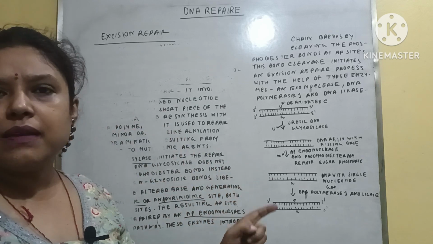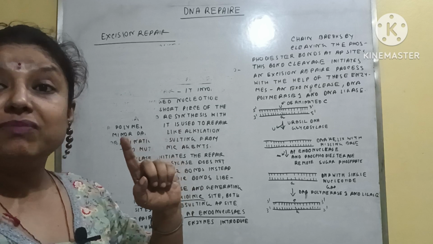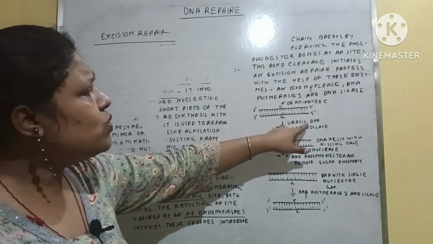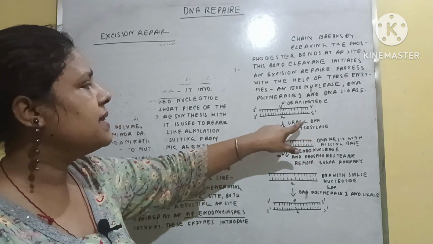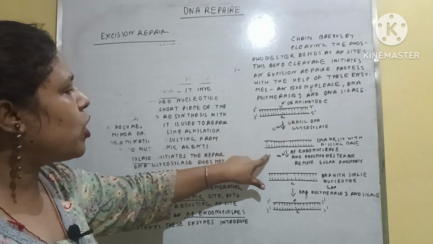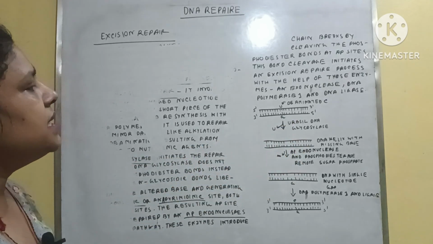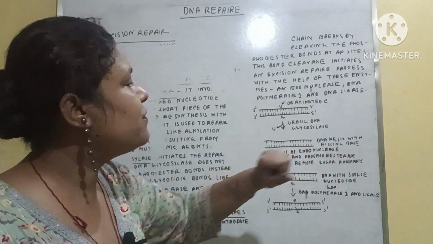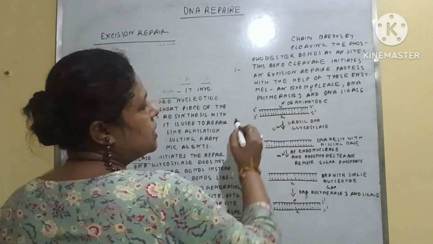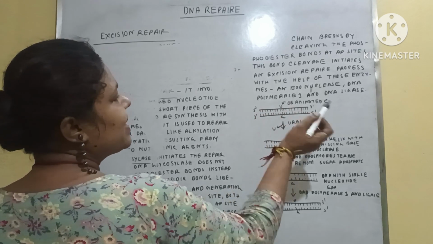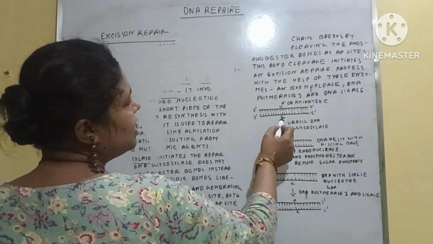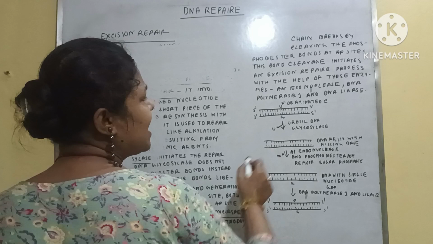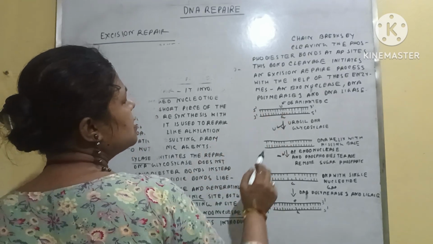In DNA the base paired with G must be C. So here, uracil DNA glycosylase acts on this double helix, and U is no longer there.